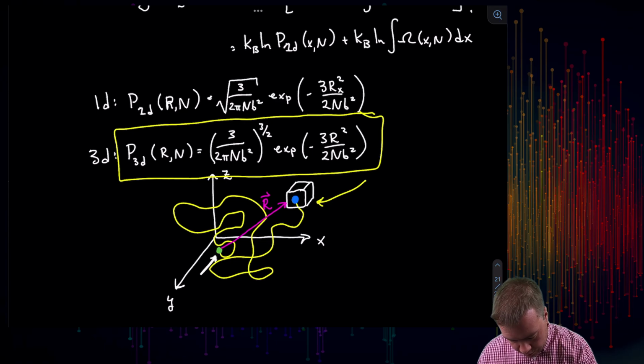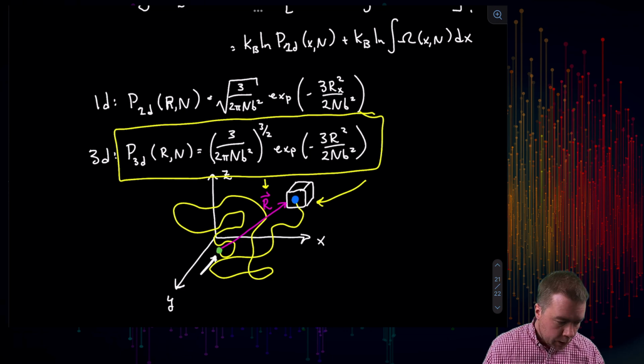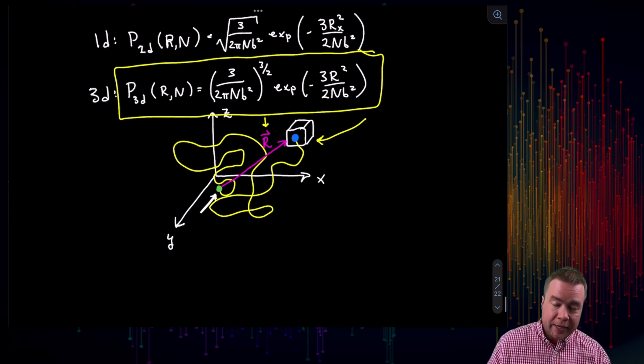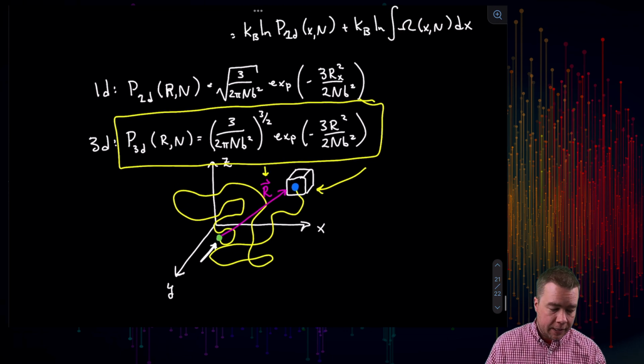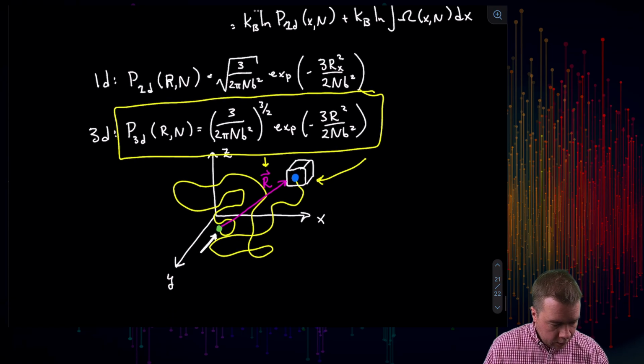And that will be accompanied by being a certain distance r from where you started. Okay, so if that's the case, then now we can start to split this up and figure out what is going on in terms of our entropy and then our free energy.